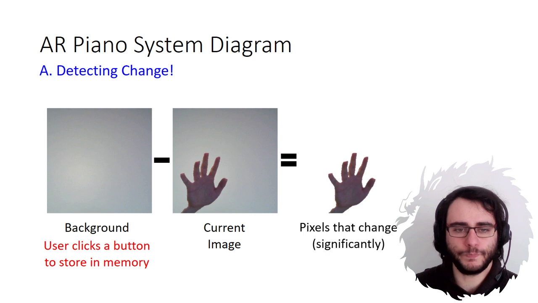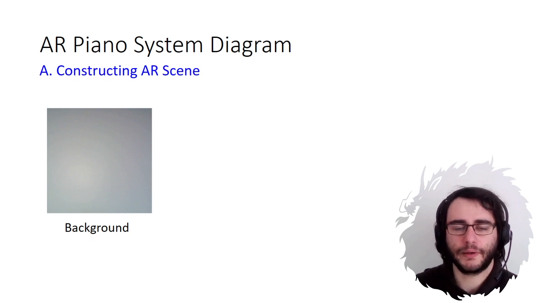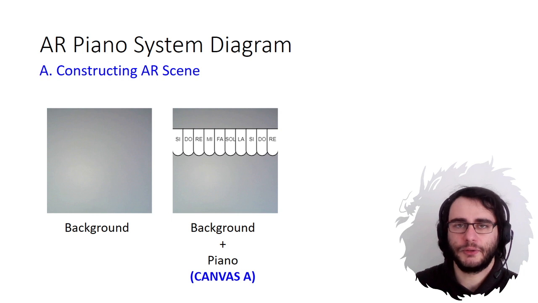Now, after that, we are going to construct this augmented reality scene, which is going to consist of the background, which is a static image. After we record this, it's going to be a simple static image. Then on top of that, we're going to draw the piano.